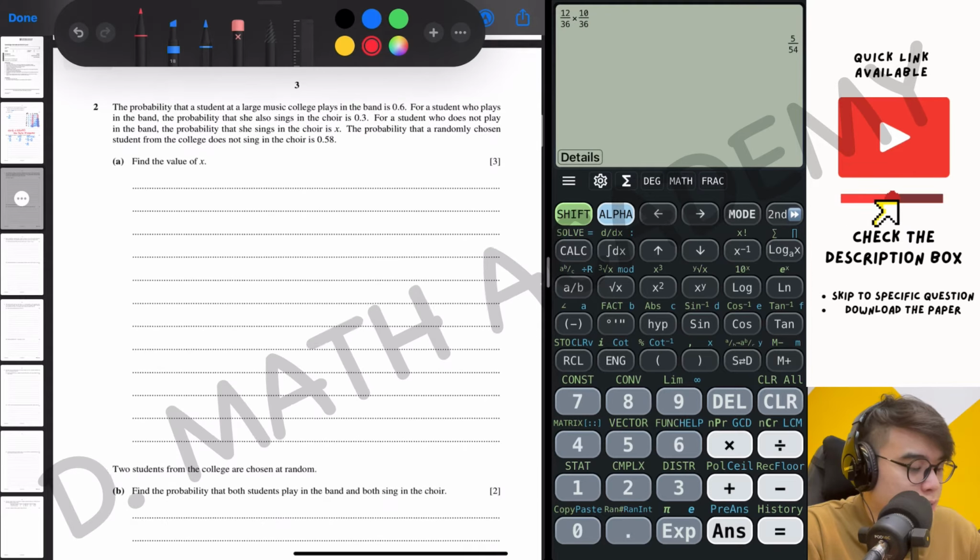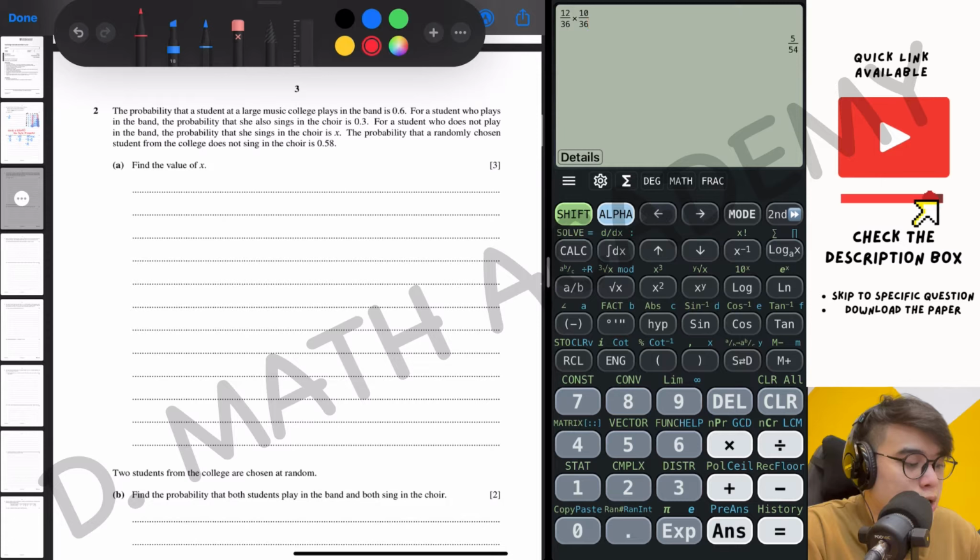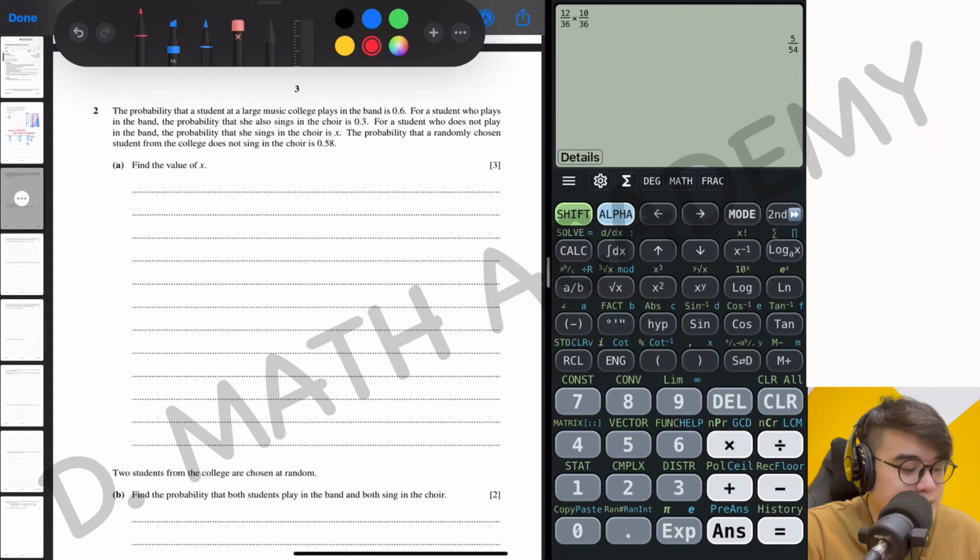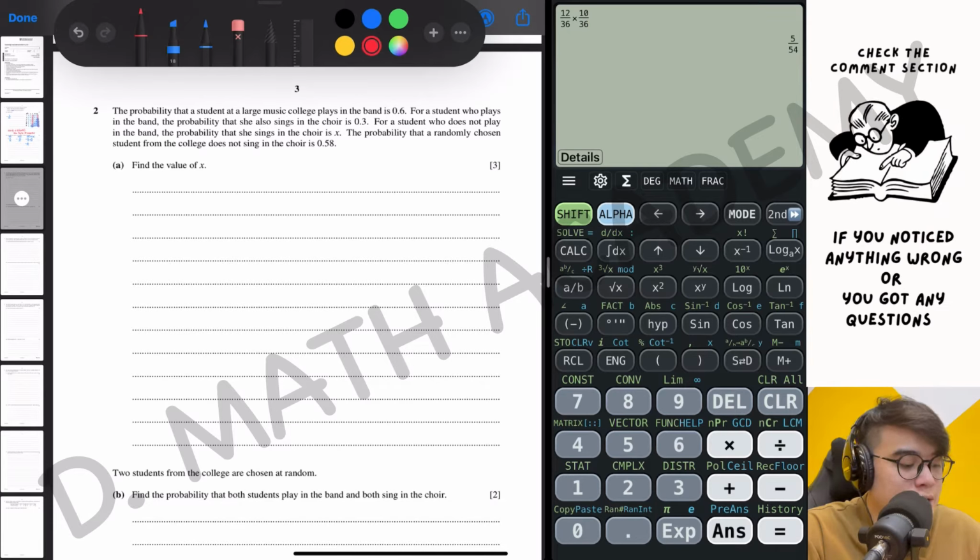The next question was assessing you on the probability that a student at a large music college plays in a band, which was 0.6. For students who play in the band, the probability that they also sing in a choir is 0.3. So first of all, if I were to list down the tree diagram of this, in the band is 0.6. Not in the band will be 0.4.